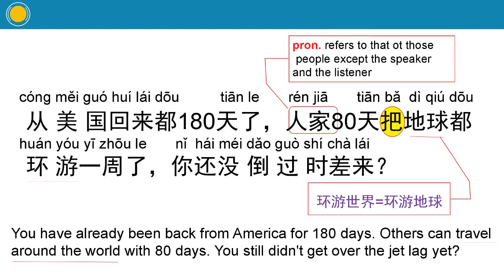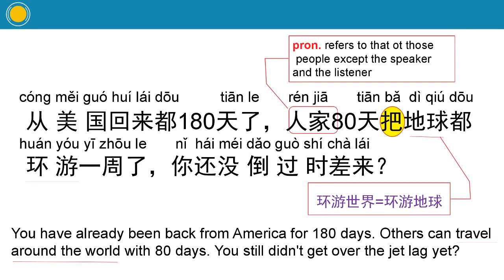把 sentences are also very useful, and you will hear or see them a lot in daily life. Here 把 emphasizes 地球, the world. It means the whole world. So I got it. 环游地球 means to go around the world. Yes, but when we use 把, we get the meaning of all around the world.